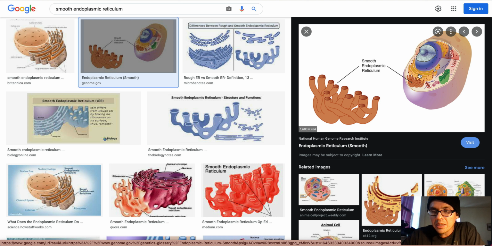Your rough endoplasmic reticulum is this part right outside the nucleus of the cell, and it contains ribosomes, and it's involved in protein synthesis and protein modification through glycosylation. Okay, so there are two other things we should talk about, which are the smooth endoplasmic reticulum and the Golgi apparatus.